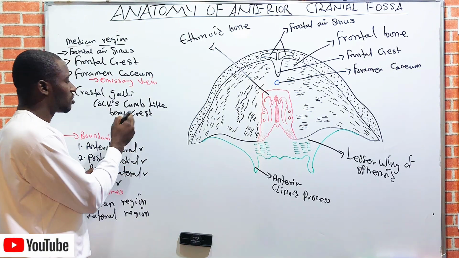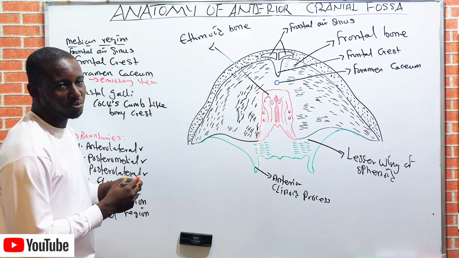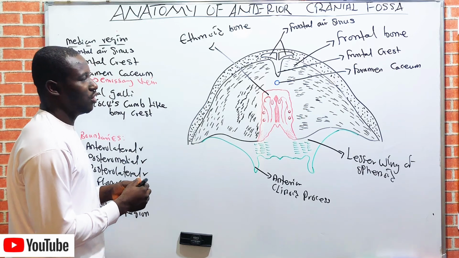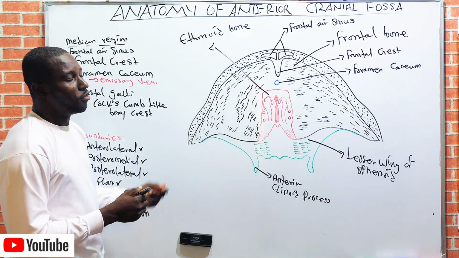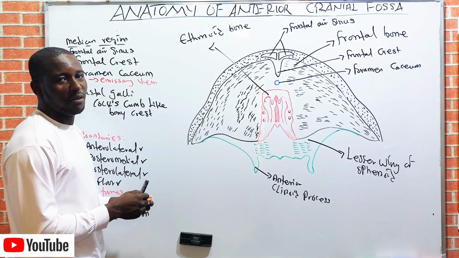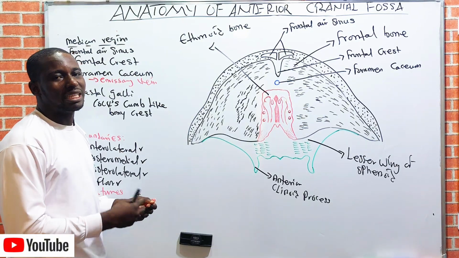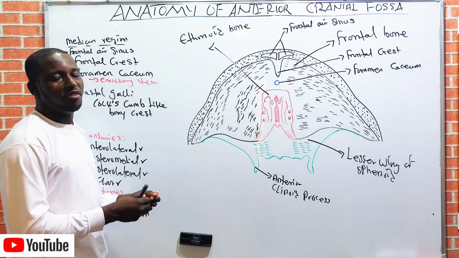It is a cock's comb-like bony crest that is found on the floor of the anterior cranial fossa. It as well provides a site of attachment of the falx cerebri.